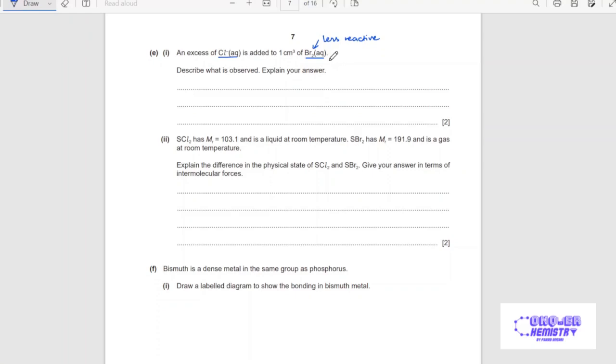Bromine aqueous is orange, right? You should know this color. So you're going to say that the orange color of bromine water or aqueous bromine remains unchanged.